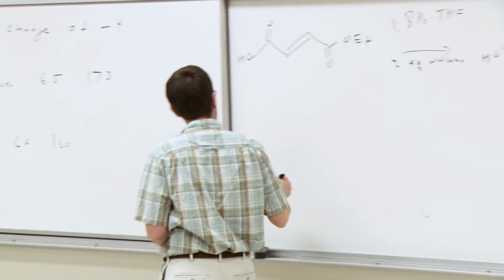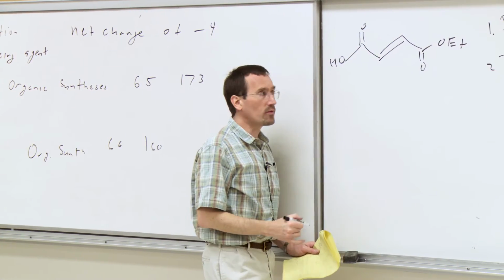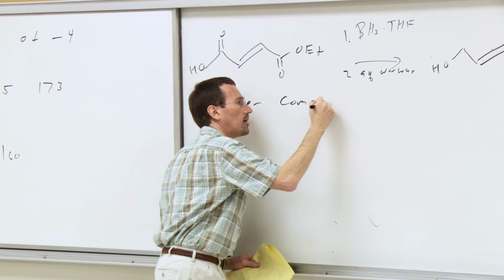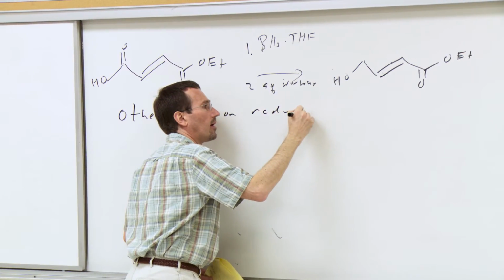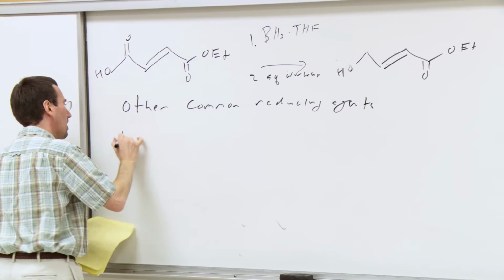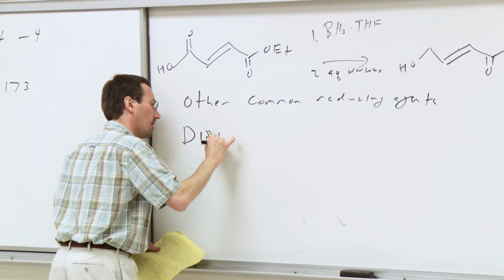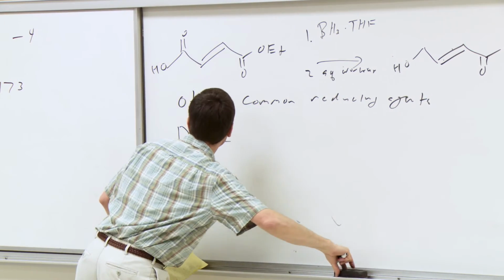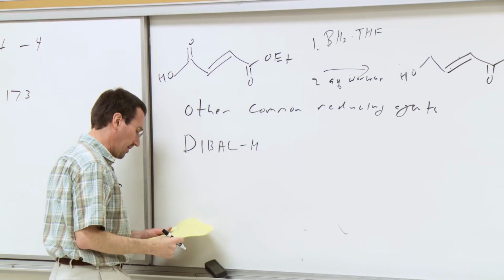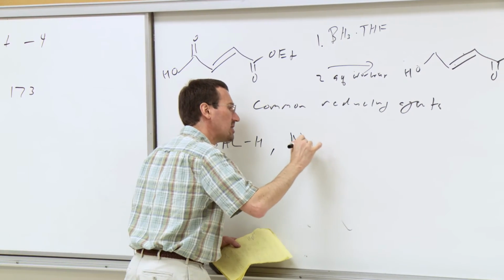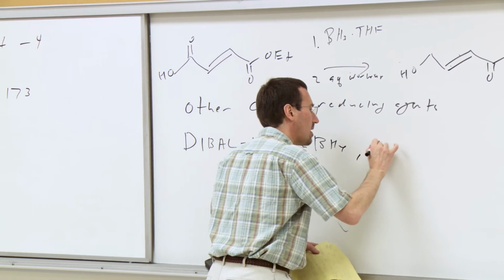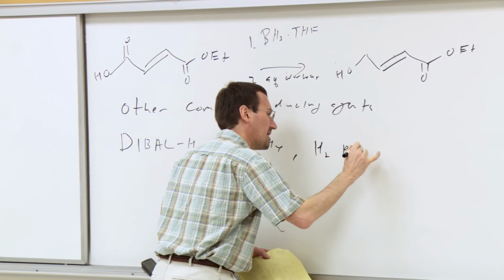We don't have time to talk about all the different reducing agents, but I'd like to list some. I mentioned DIBAL. Sometimes you'll hear it DIBAL, sometimes you'll hear it DIBAL-H. NaBH4, sodium borohydride, hydrogen with palladium on carbon.